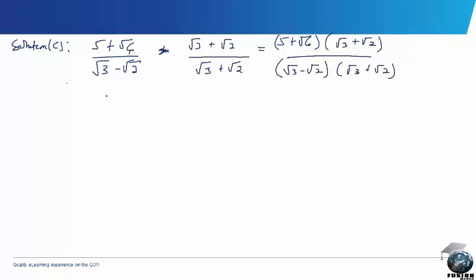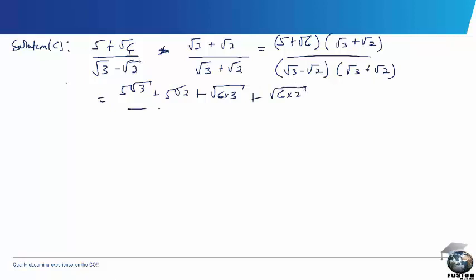And so the next line, we have 5 root 3 when you carry out your expansion of the bracket, and then you also have 5 root 2. Okay, and then we'll have root 6 times 3, and then we have plus root 6 times 2.